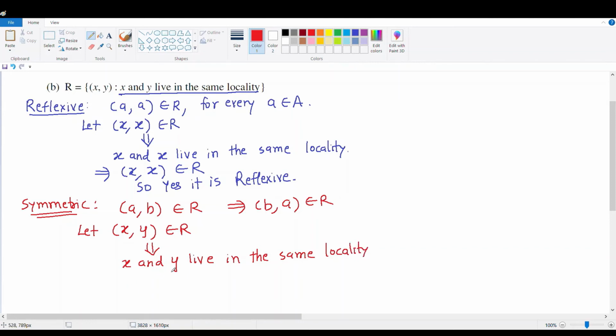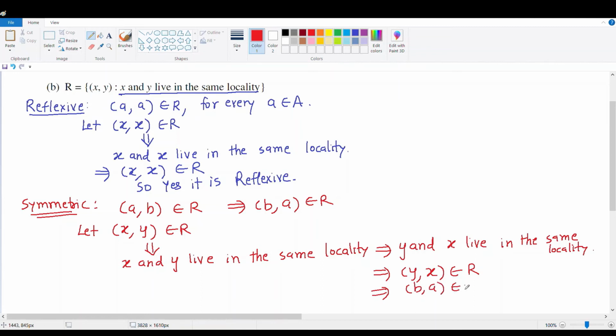And if x and y live in the same locality, I can say that y and x live in the same locality. Right? Of course, if x and y live in the same locality, then y and x live in the same locality. And that means y comma x belongs to R. And that means B comma A belongs to R. That's what we were supposed to prove, and we got that.